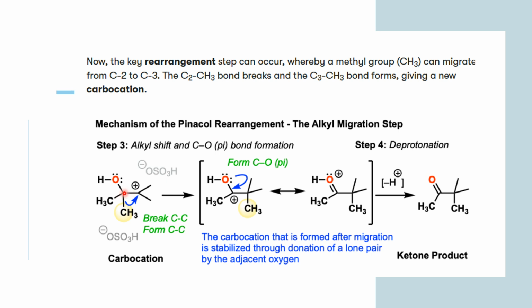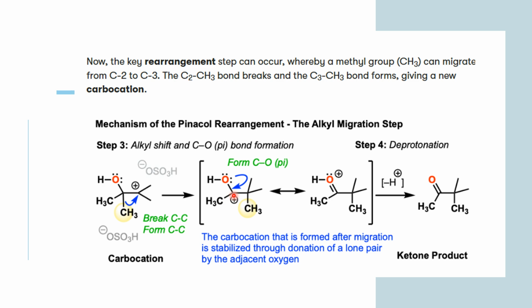Since the adjacent carbon atom has two methyl groups attached, one of the two methyl groups is going to migrate to the carbocation center, and we are going to get a new carbocation which is stabilized by electron lone pair donation from the hydroxy attached to this carbon atom. The driving force of this rearrangement key step is to get a more stable carbocation in the subsequent step.